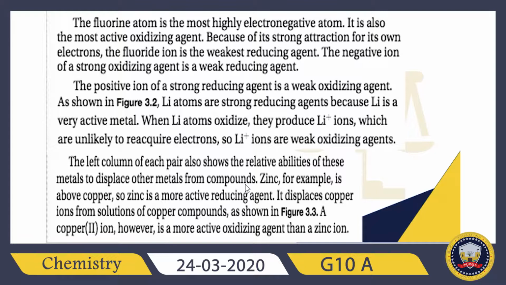For example, zinc is above copper. The element that is above is more reactive, so the element above will displace the element below. So zinc is a more active reducing agent. It displaces copper ions from solutions of copper compounds.